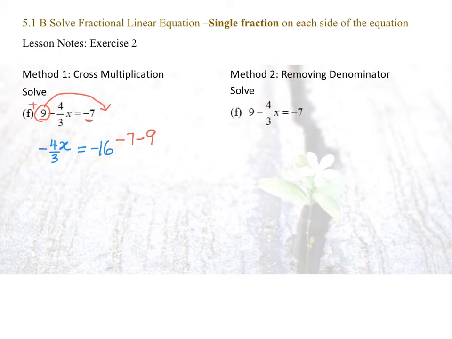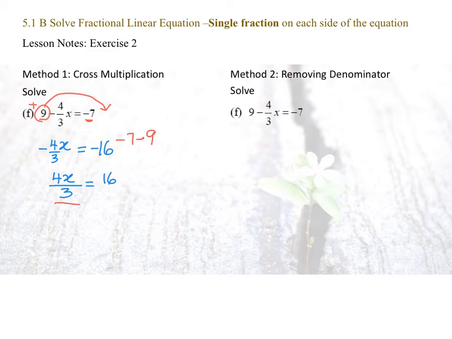Notice that both sides of the number are negative. We can multiply by negative 1 to get rid of the negative sign on both sides. So this will become 4x over 3 and 16. I have a single fraction on my left hand side where the denominator is 3.